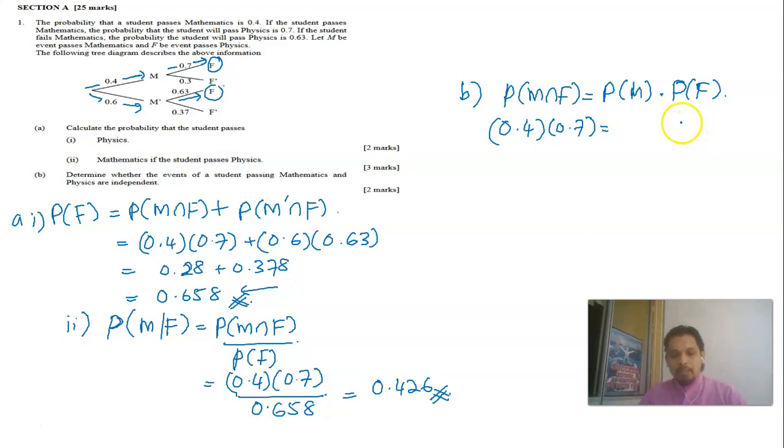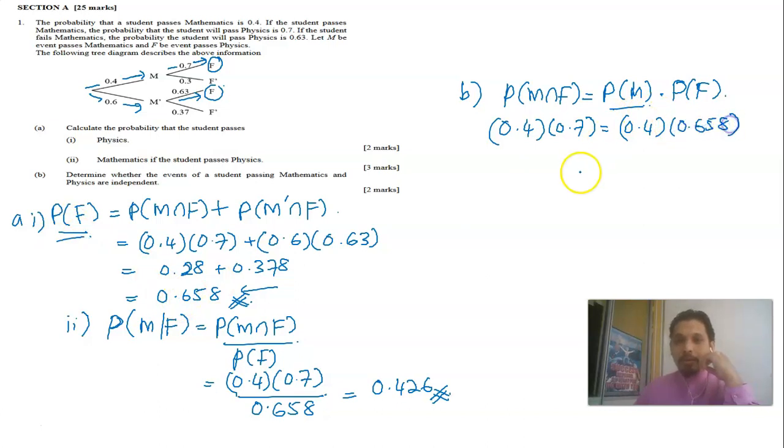And the probability of passing maths is 0.4 here, and the student passing physics, as you can see here, is 0.658. And this gives you 0.28.